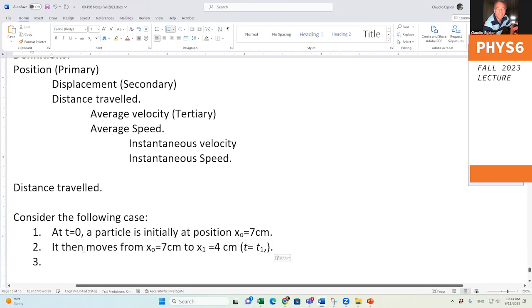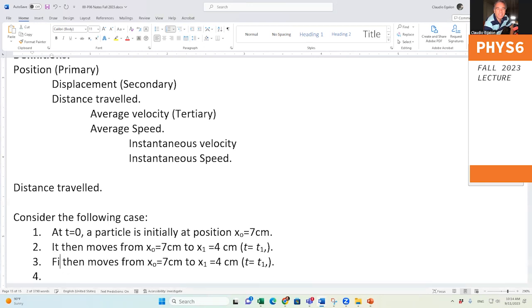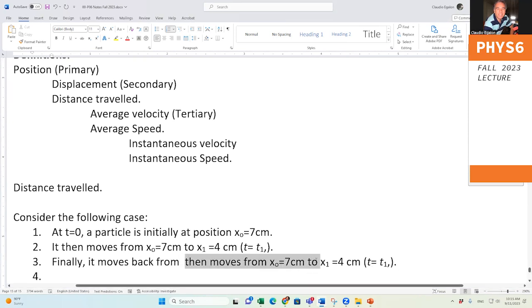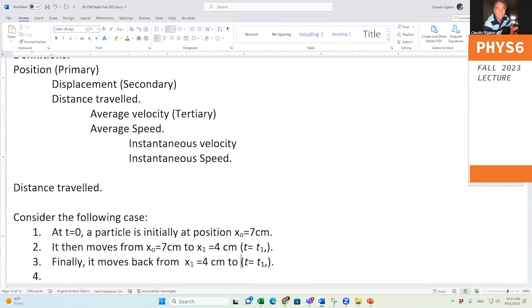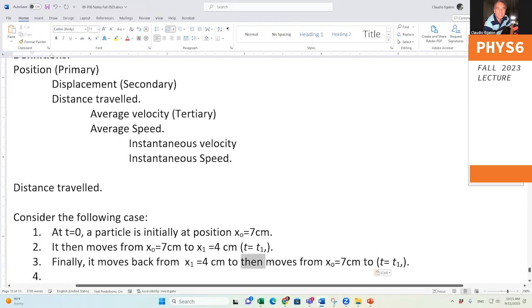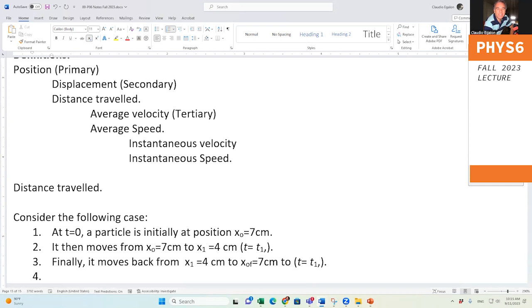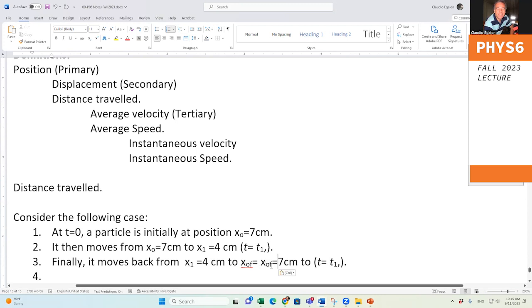Finally, it moves back from x1 equal to 4 centimeters to x final, which by the way is equal to x naught, at t equal to t final.